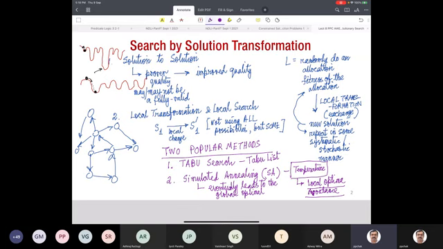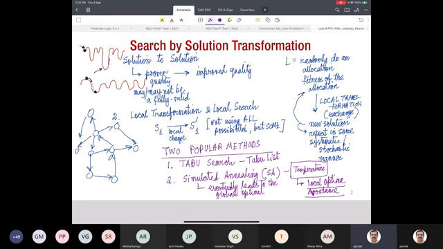This is a very seminal paper. The simulated annealing paper, which came out long ago, is a very seminal paper which proved, and then this has been used in a large number of applications, economics being one of them. Taboo search is a more recent method, but that has also started finding applications.